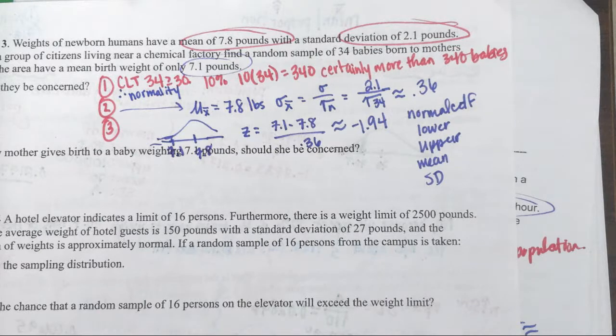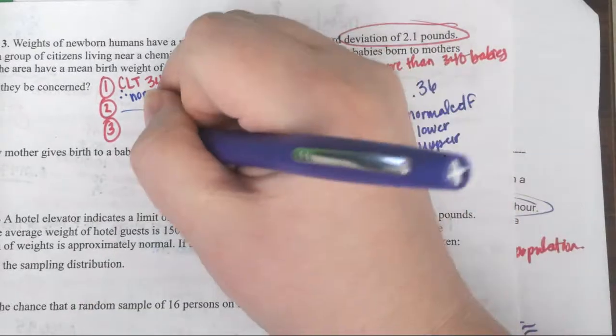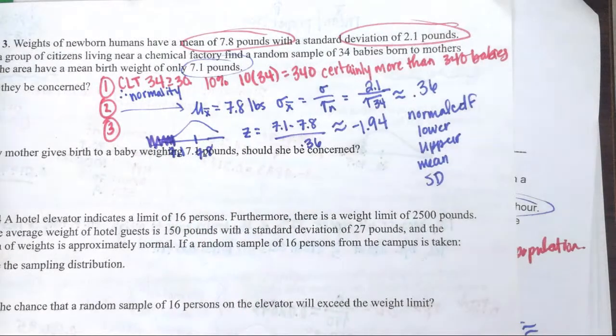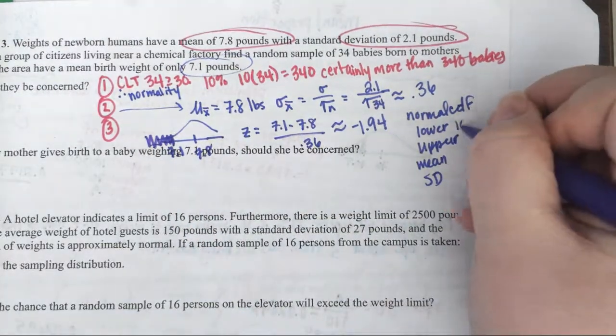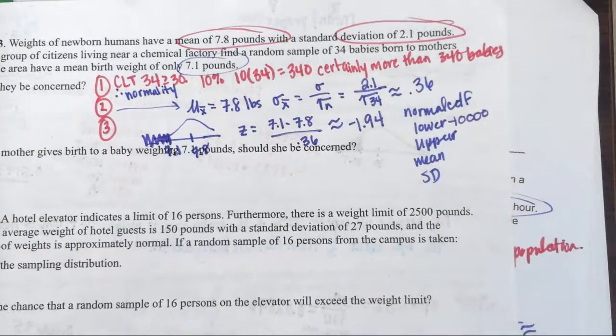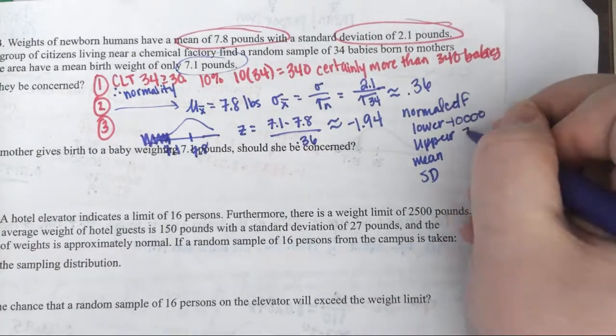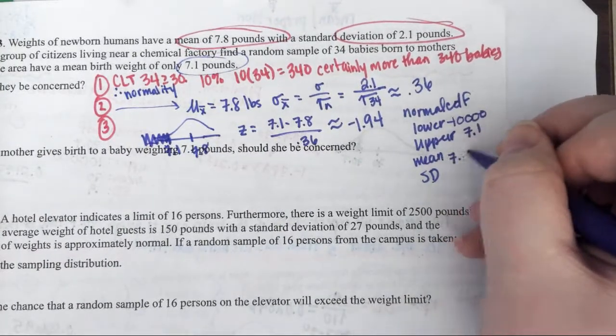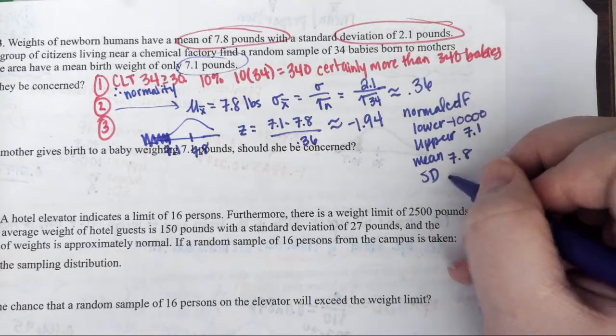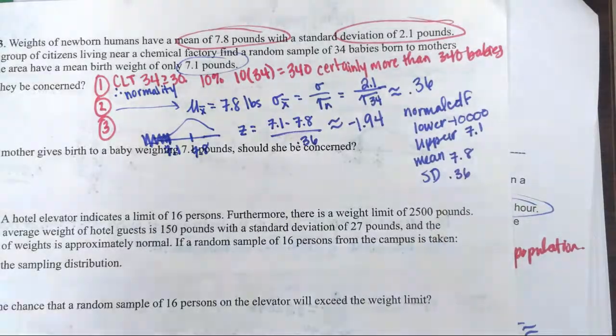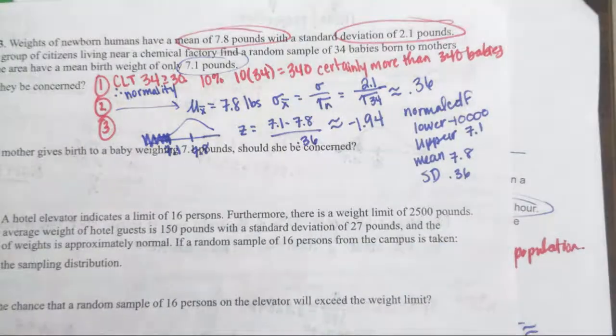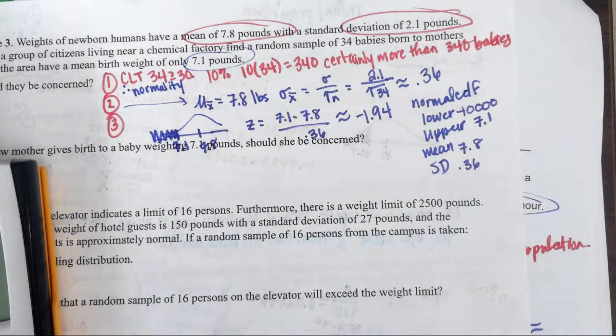They said, suppose a group living in the area have a mean birth weight of only, so everything less than that. So our lower is going to be negative something with a bunch of zeros. Our upper is the 7.1. Our mean is 7.8. Our standard deviation is the 0.36.